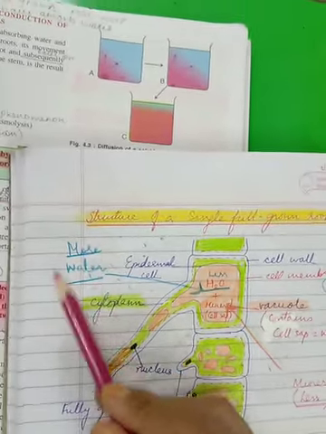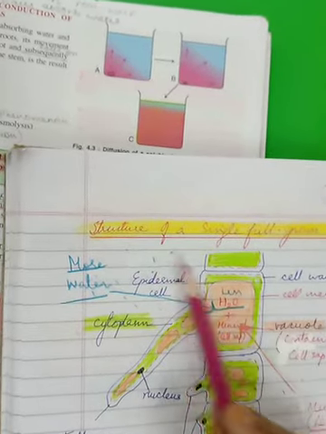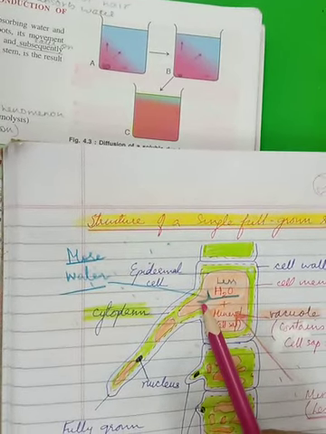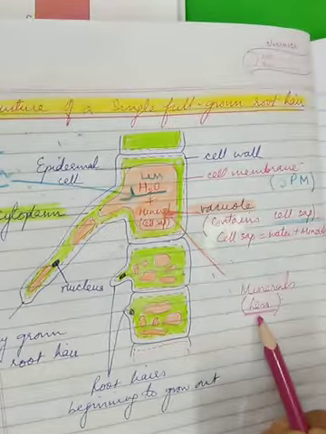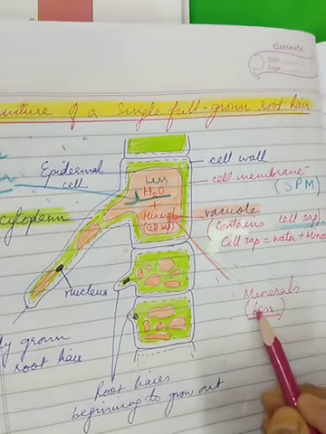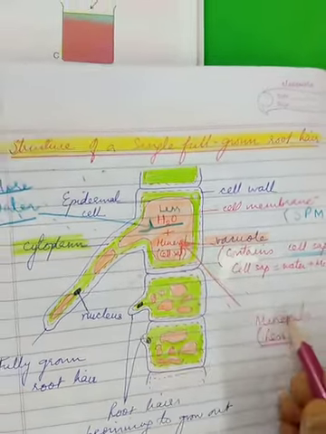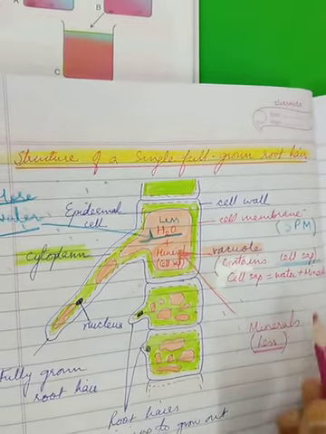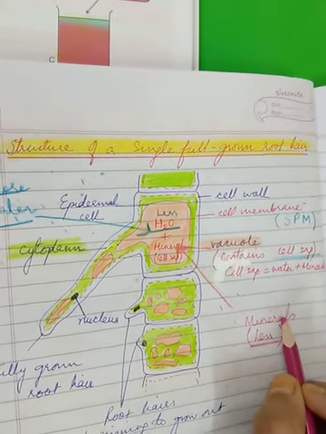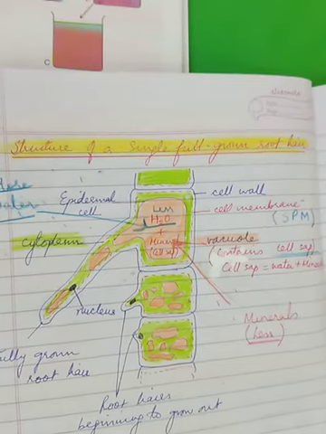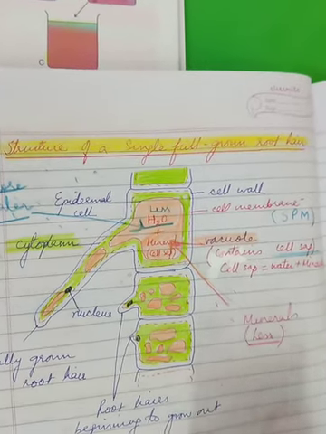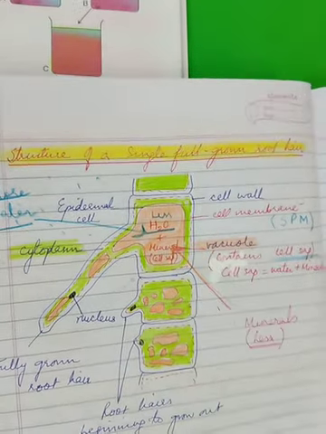Water moved from an area of more to less, no energy used, and this was called passive transport. But here, when it comes to minerals, they move from an area of less to more, and certainly they utilize energy in the form of ATP. This energy we call adenosine triphosphate, and such an absorption is called active transport.